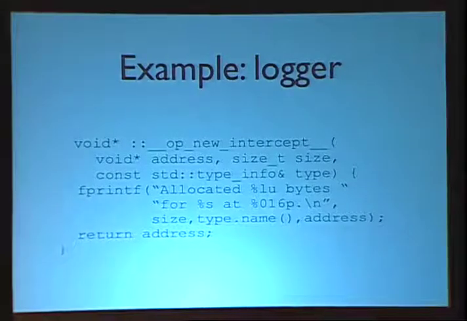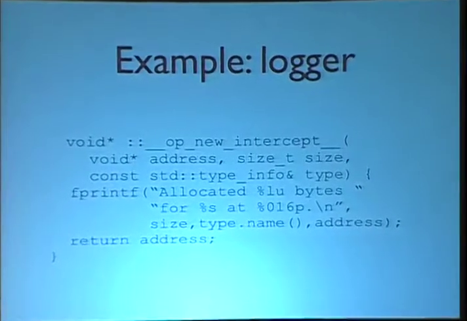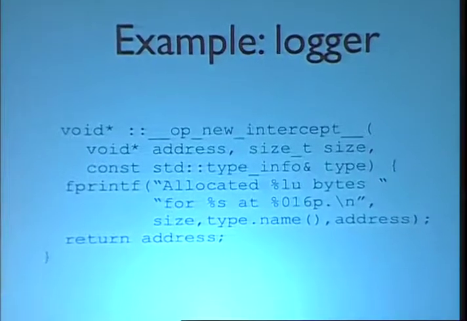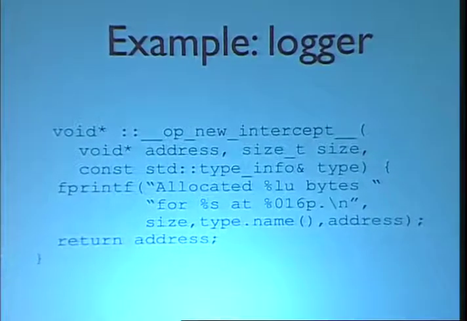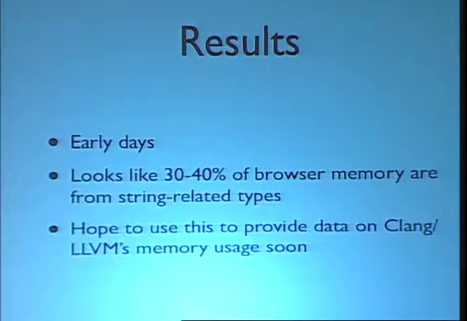A somewhat less interesting example is just to log all allocations. This just does a printf and says allocated so and so many bytes for this type at this address. Then you link this and use this new flag to Clang, and then you basically see all allocations.